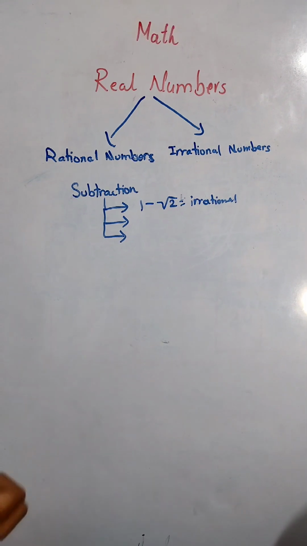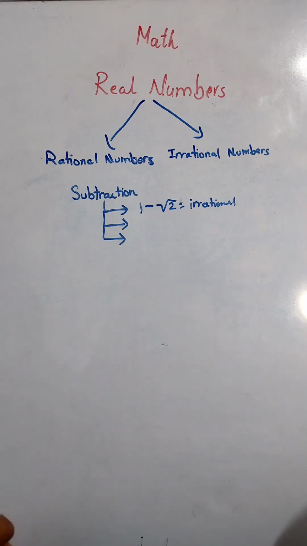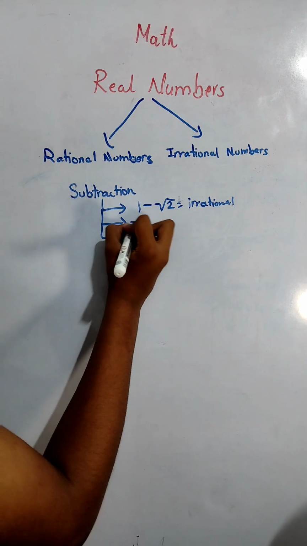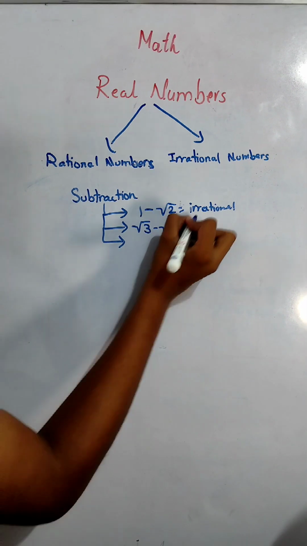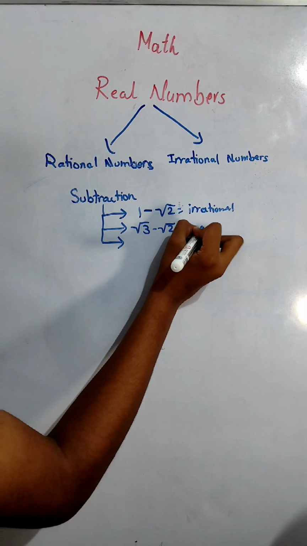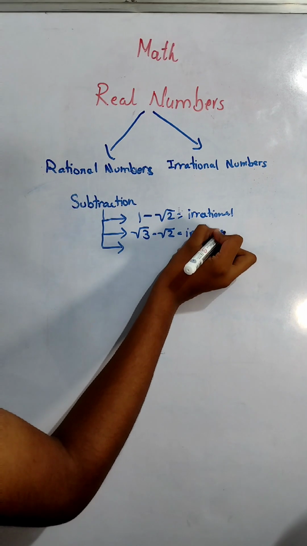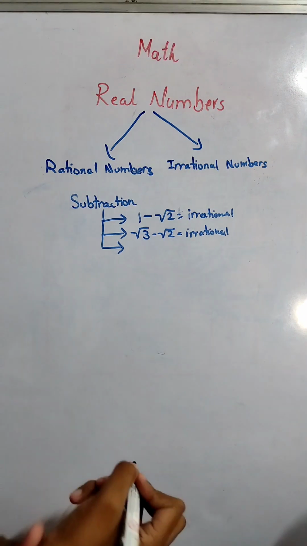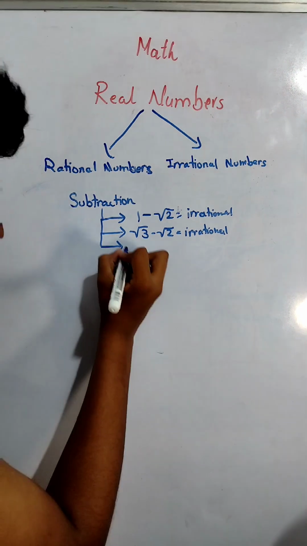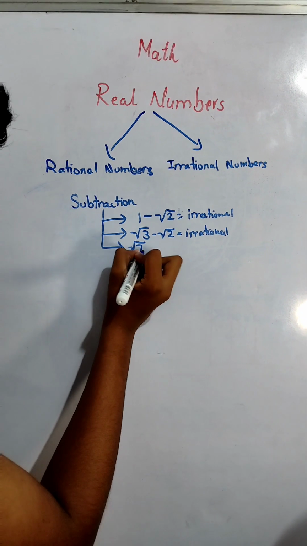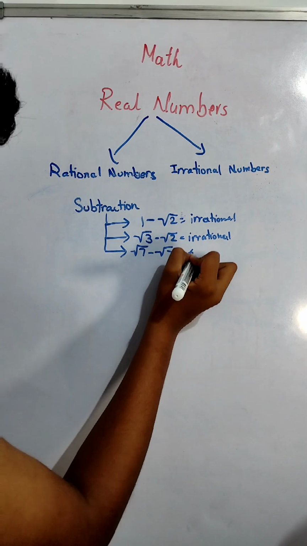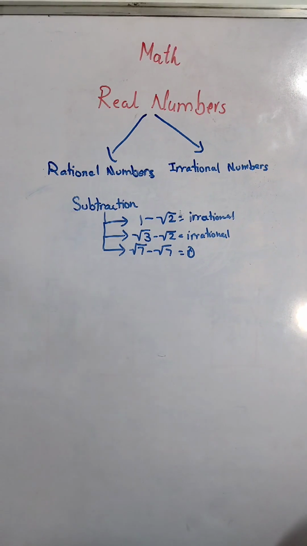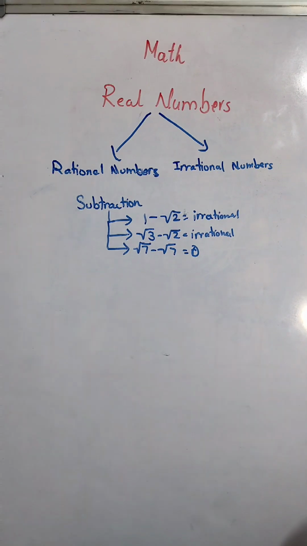But now let's see if two irrational numbers can equal an irrational number. If we take root 3 minus root 2, this is also irrational. And if we take root 7 minus root 7, this is 0, which we all know is rational.